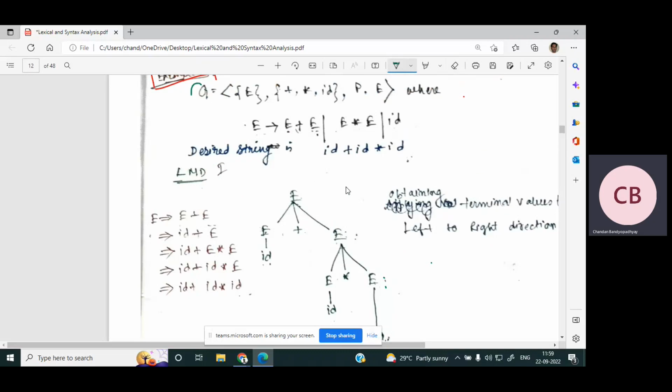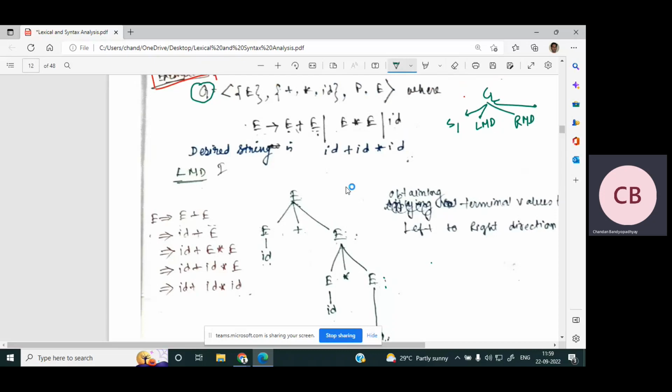Now, for this grammar, what are we checking? We have understood that for a grammar, for a string I am taking, I will definitely get one LMD and one RMD. That is our inferred rule. Now, if we are getting more than one LMD, more than one RMD, then the grammar is ambiguous.